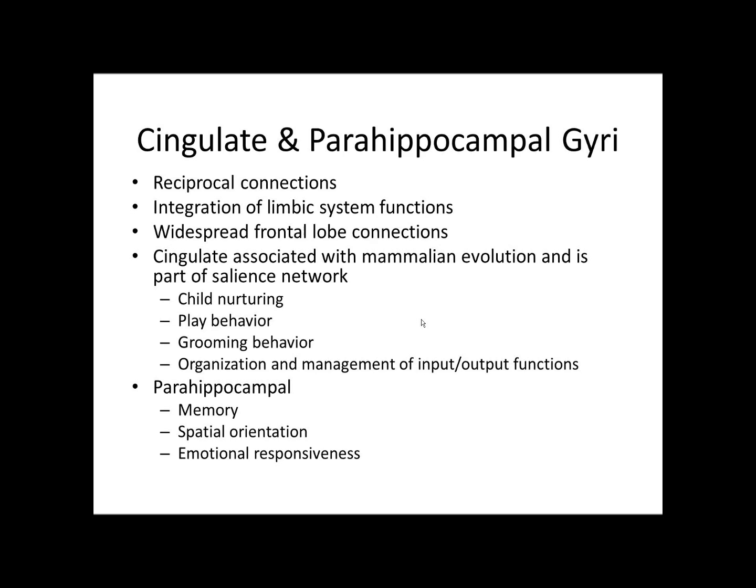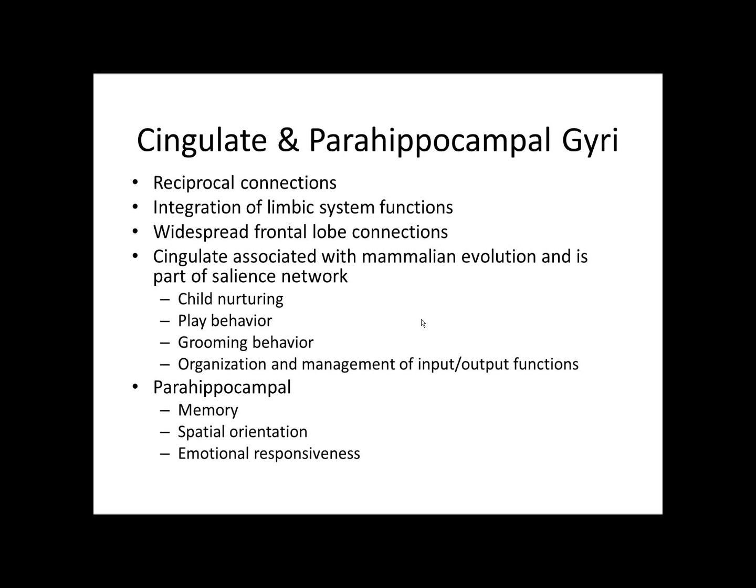It's also involved in parsing what type of emotional response we're going to have to a particular situation. Now, it communicates up through the cingulate gyrus and into the frontal lobe structures of executive function areas.